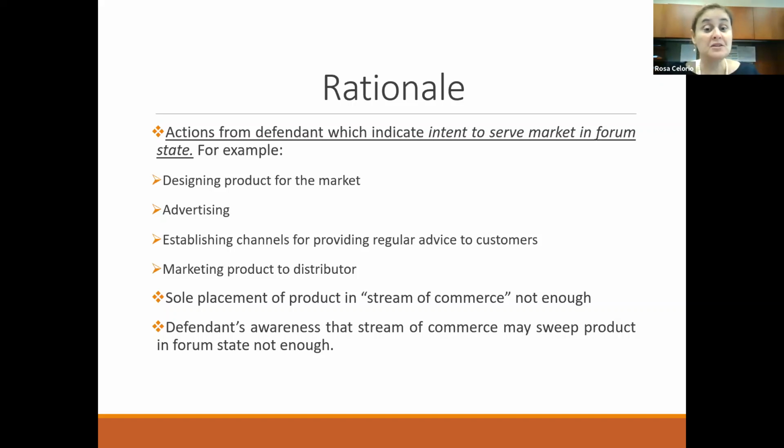Sole placement of a product in the stream of commerce is not enough. It's a high standard, and that's important to keep in mind when you're reviewing this case, which you will have an opportunity to review again in Fundamental Issues in US Law. And basically, the defendant's awareness that the stream of commerce may sweep the product into the forum state is not enough.